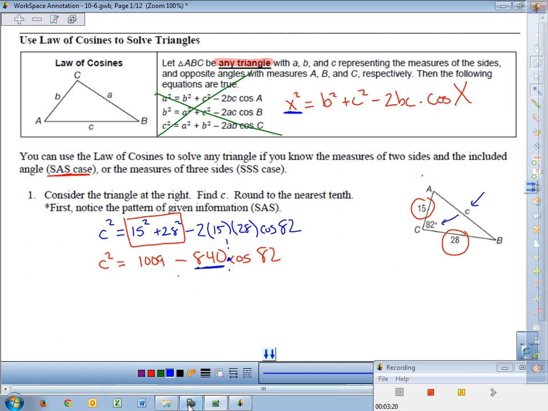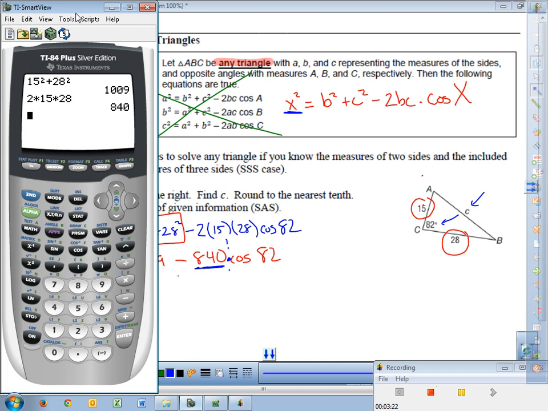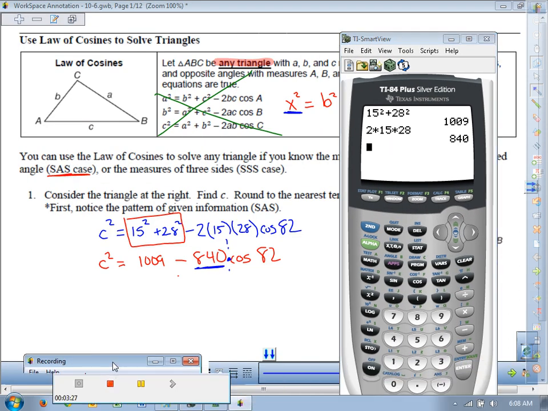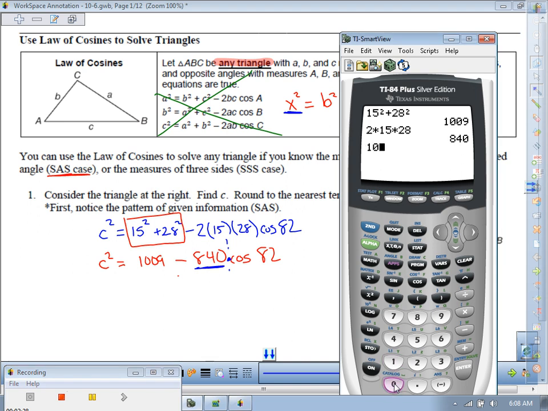That's what c squared is, so let's punch that in. It is 1,009, my bad, 1,009, well that's not going to work. There we go. 1,009 minus 840 cosine of 82. Again, making sure your calculator's in degree mode. And you get that. So I'll just jot that down.